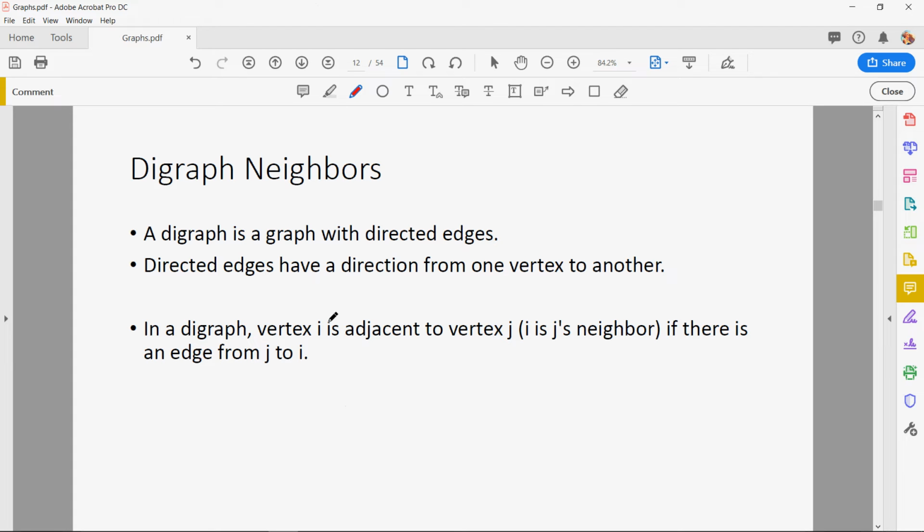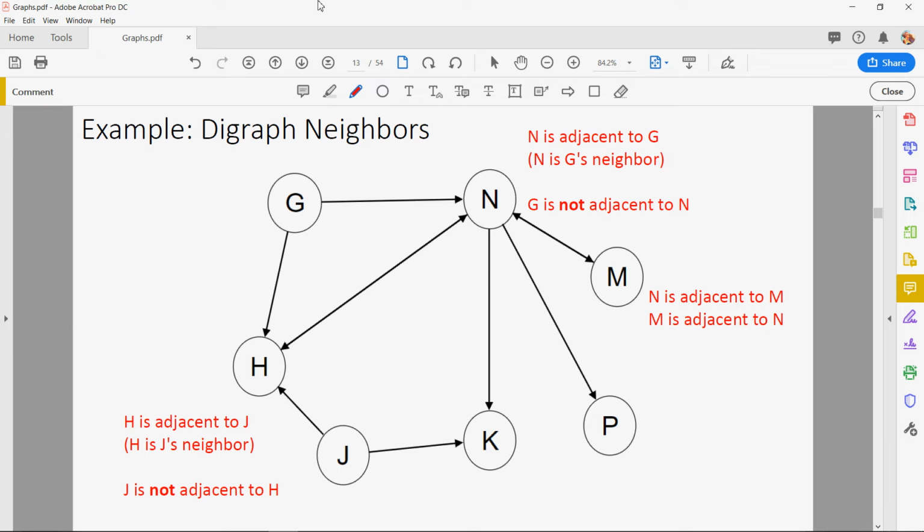So vertex I is adjacent to vertex J if there's an edge from J to I. Another way to say that would be that I is J's neighbor.